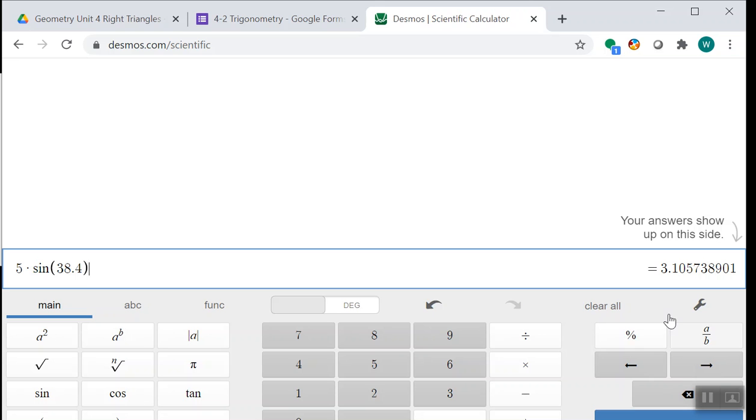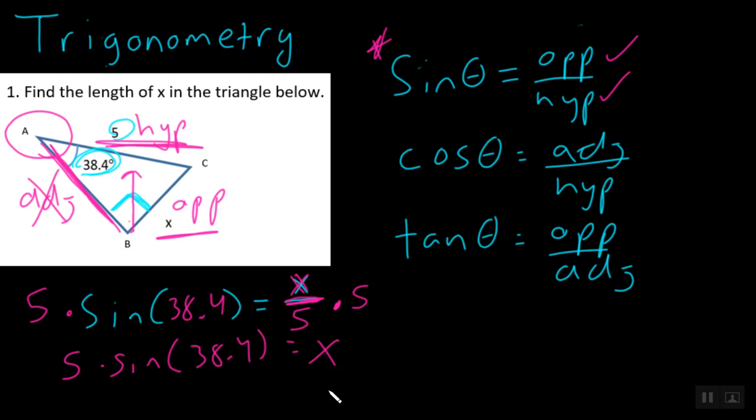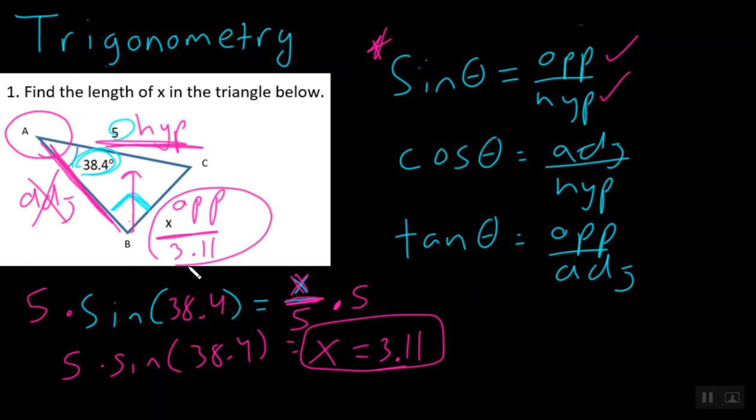So x is equal to 3.11. Notice our missing side here is 3.11. There's our missing side, x. Also, if you wanted to find the other side, you could use the Pythagorean theorem now that you have any two sides, or you could have used another function.